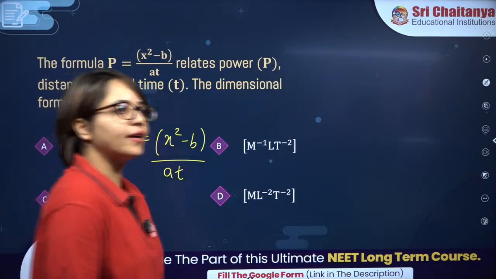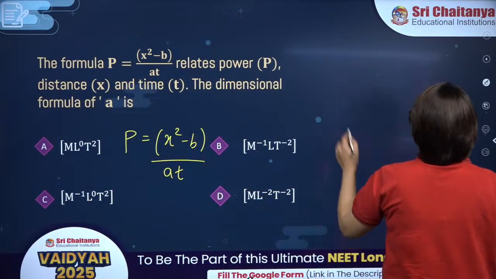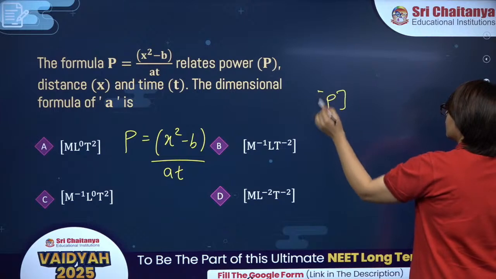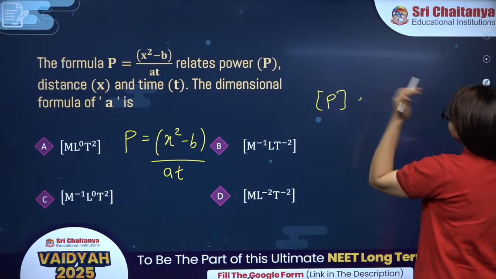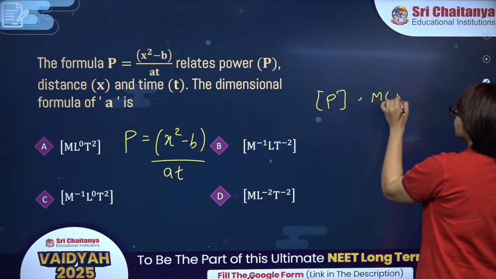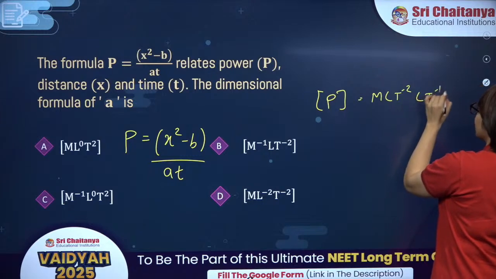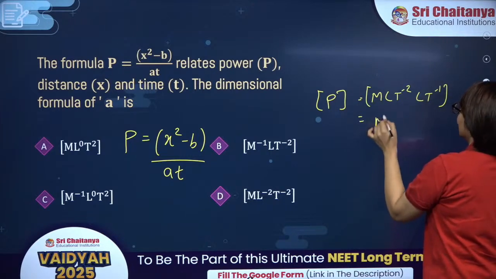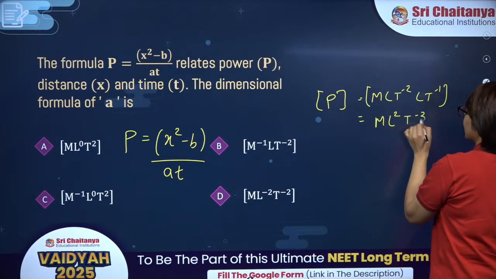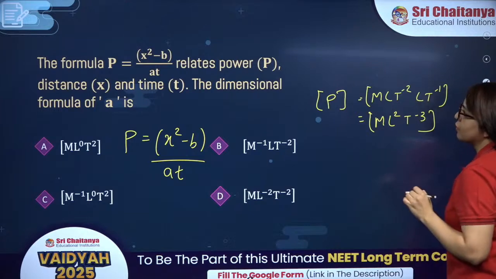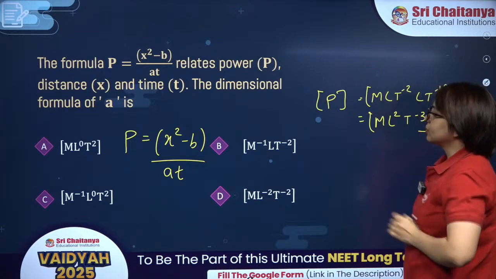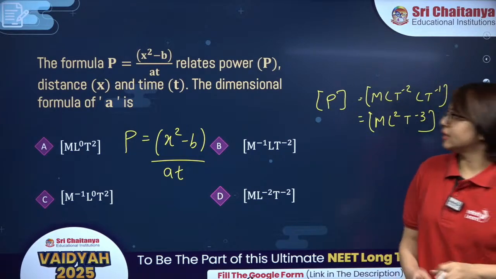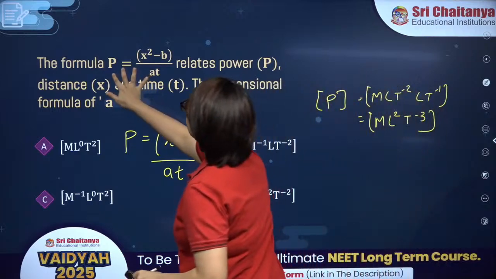Option C, well done. Power is force into velocity, right? Force is M L T to the power minus 2, velocity is L T to the power minus 1. So it will be M L squared T to the power minus 3. That is the dimensional formula of power. Now, according to the principle of homogeneity, we equate similar physical quantities.